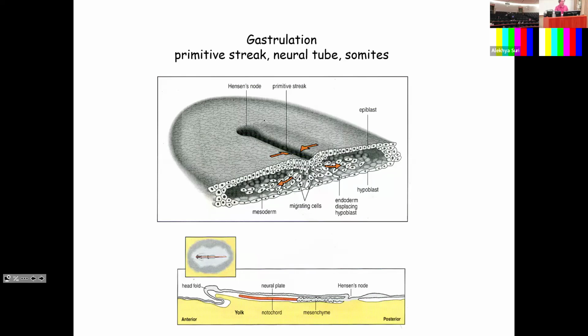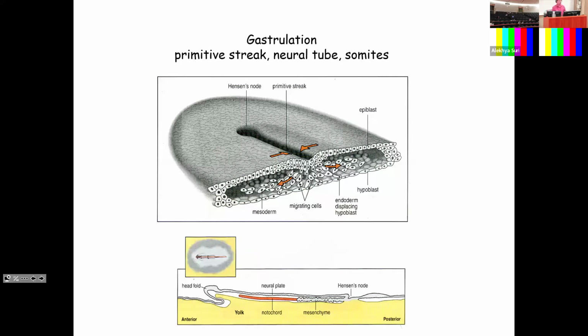And what is the primitive streak? The primitive streak is what goes along the spine. And it's like a zipper. It goes up first. The axes of symmetry are dorsal, ventral, proximal, distal, and rostral, caudal.